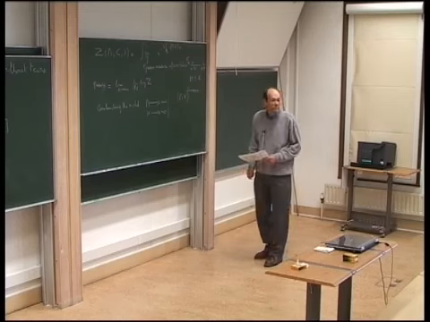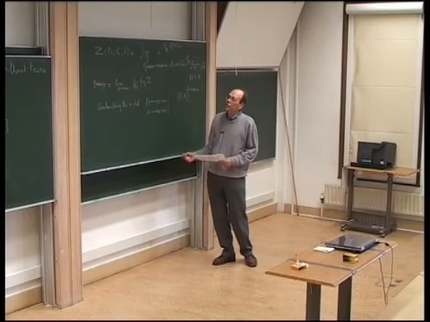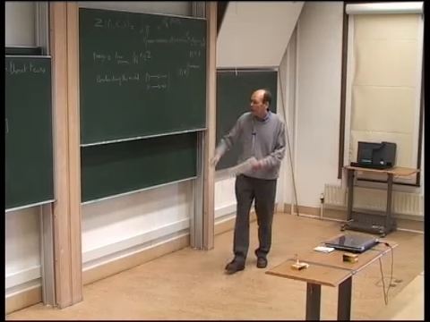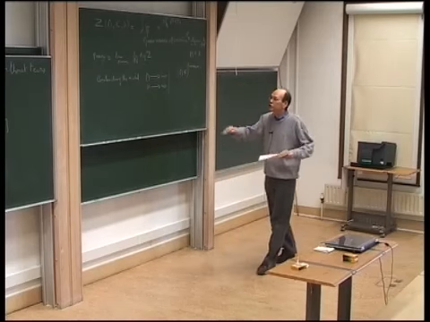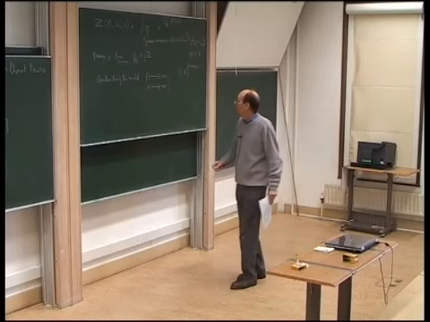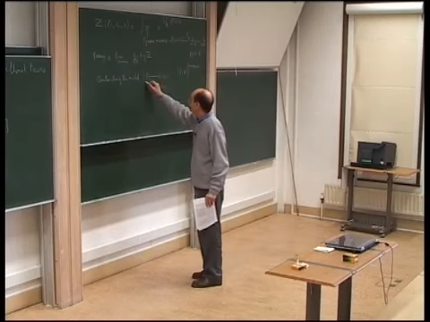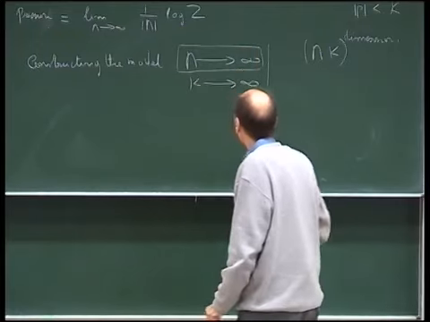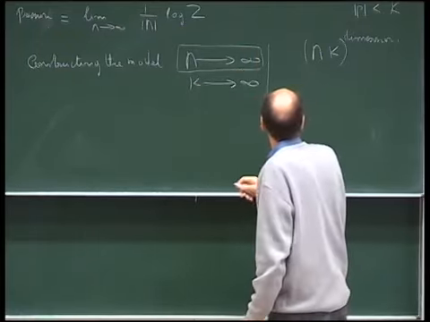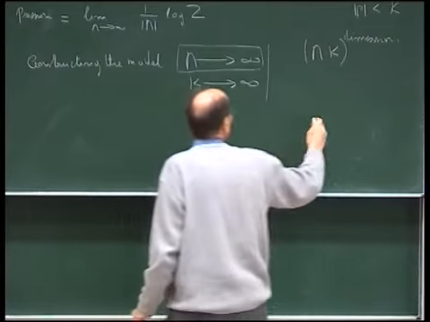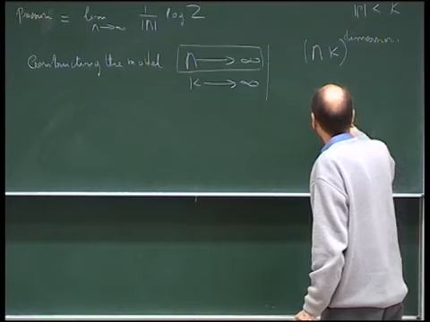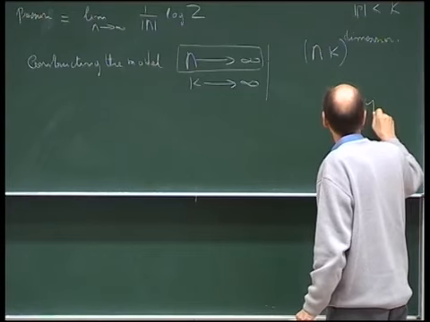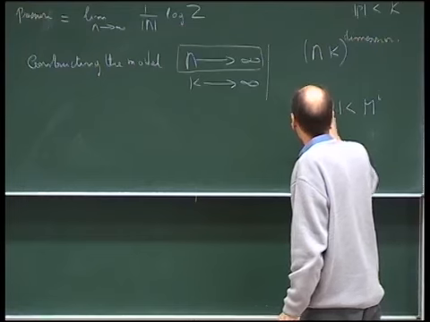Here I look at just a part of the problem, which in all this construction is the building block. You look at P between m to the i and m to the i over 2.